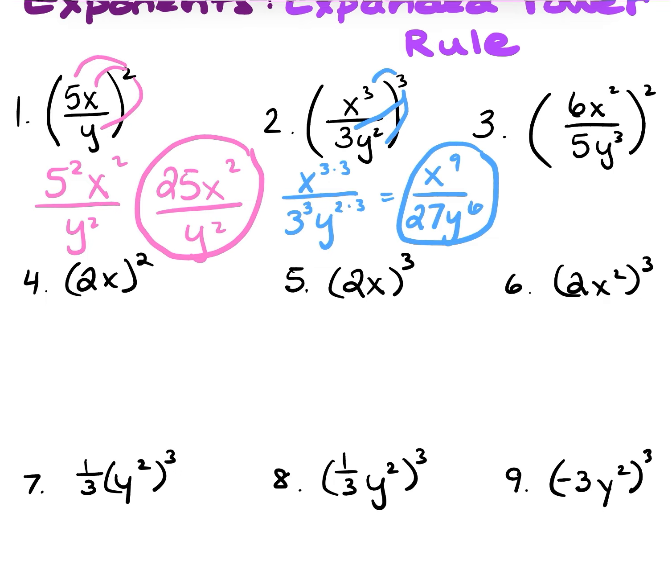For number 3, we have 6x squared divided by 5y cubed. Nothing can combine or simplify here yet, so I'm going to distribute my exponent 2 to all pieces. 6 squared, x to the 2 times 2, 5 squared, y to the 3 times 2. 6 squared is 36, x to the 4th divided by 25, y to the 6th.